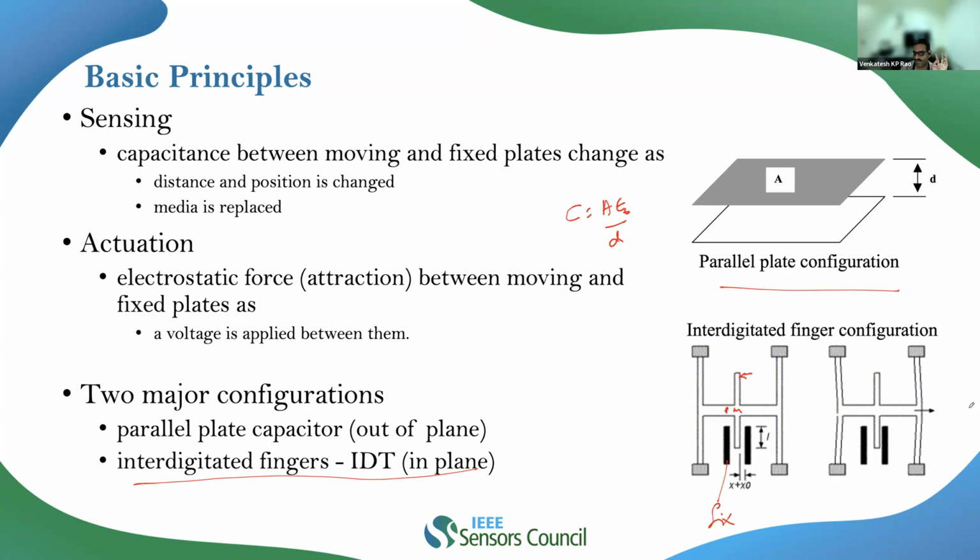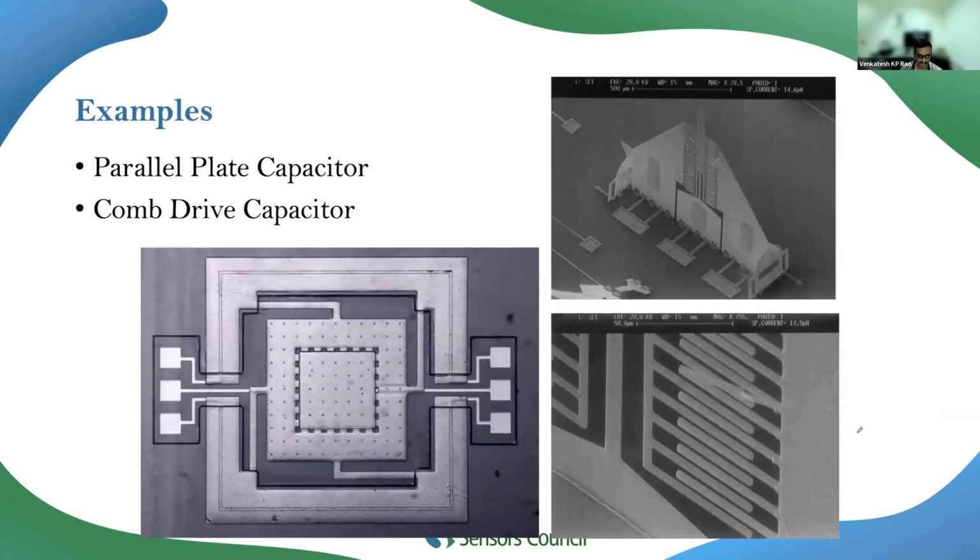Whenever this proof mass undergoes motion, the movable set of comb fingers will move, which leads to a change in the air gap between the movable and the fixed set of fingers. On one side there is a reduction in the air gap, on the other side there is an increase in the air gap. In this case, you need to take into account the differential capacitance change. This is the case for an accelerometer or a microphone you can think of.